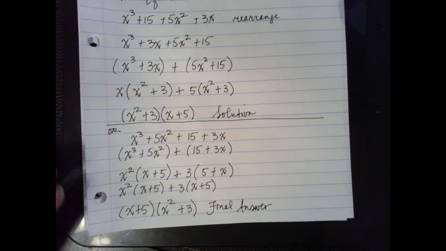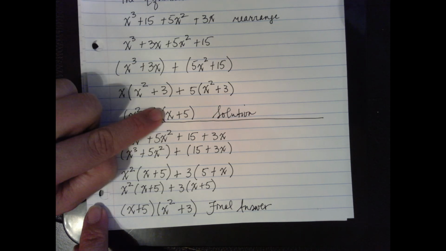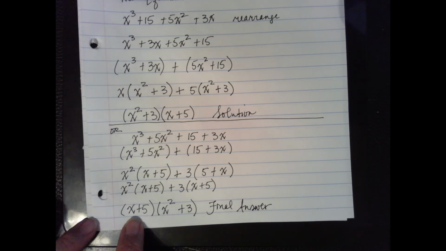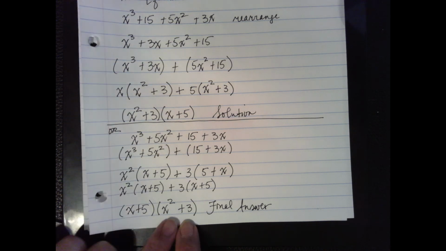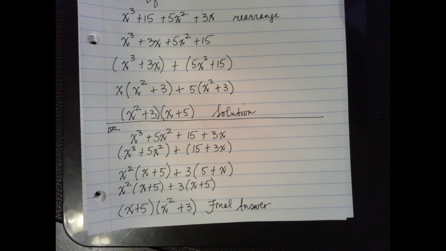Notice up here I ended up with x squared plus 3. Here I have x plus 5. Here I have x plus 5. Here I have x squared plus 3. So we want to select good groupings. There may be more than one possible way to factor this by grouping.